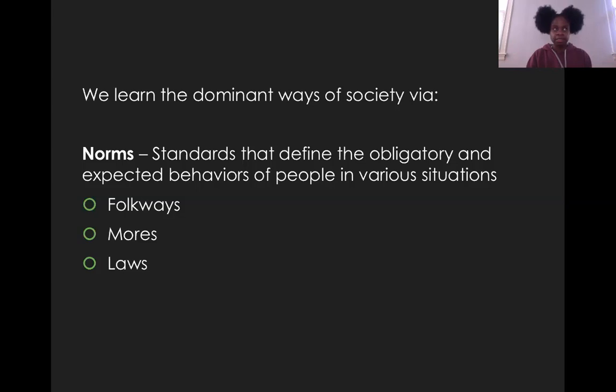So these are the most formal types of norms, laws. You must absolutely follow these types of norms we know as laws.